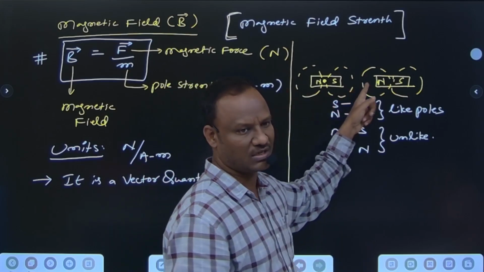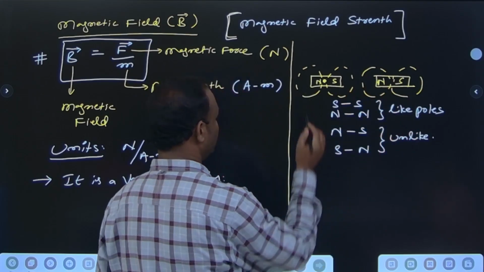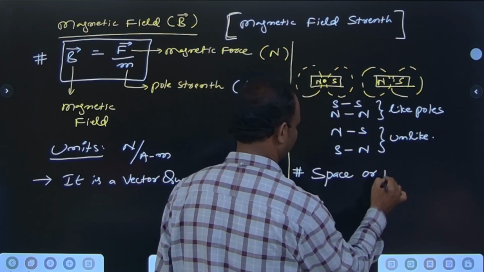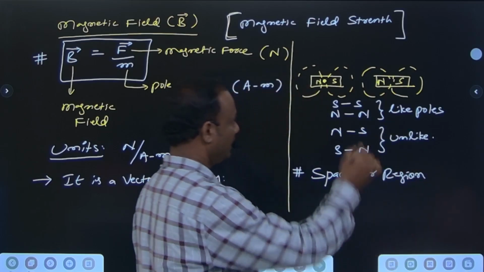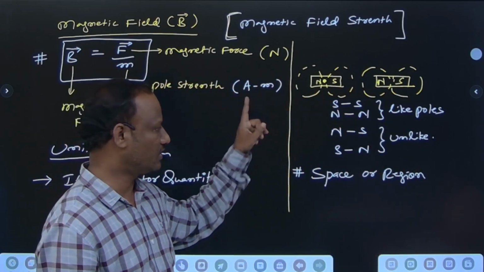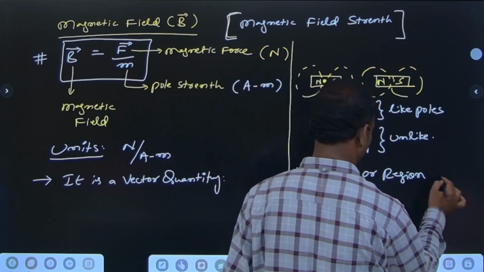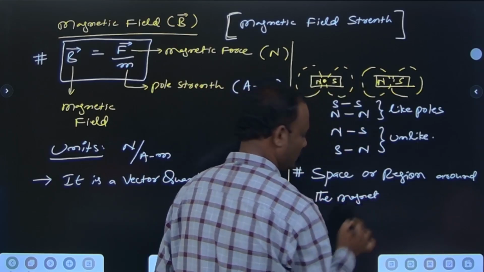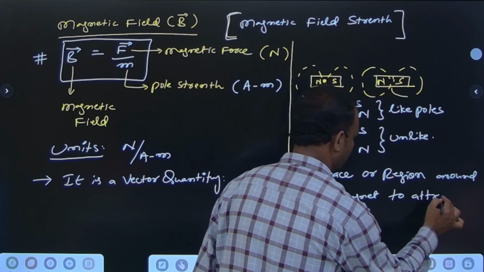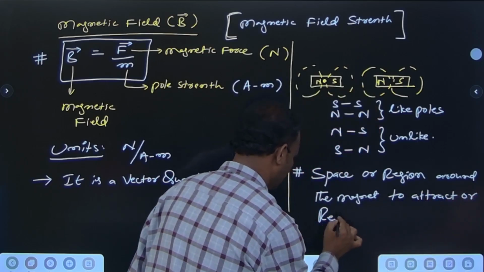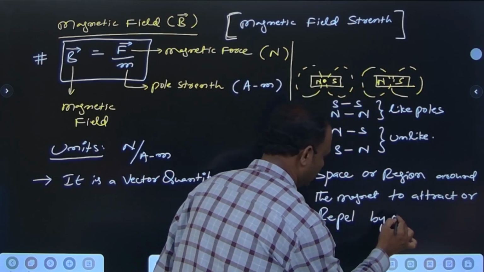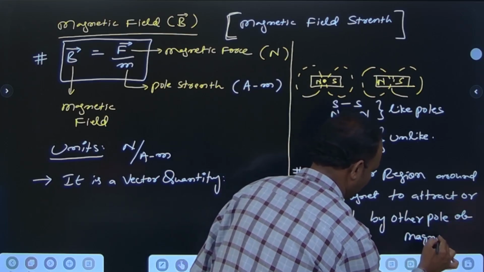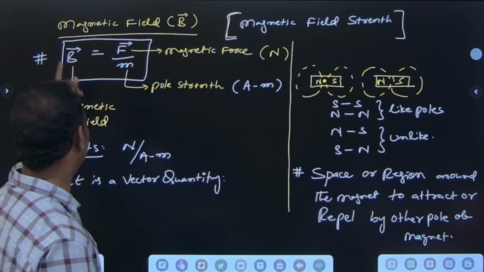Then either attraction or repulsion can take place. So how do you define this? It is the space or region around the magnet to attract or repel the other pole of a magnet. This we can say is a magnetic field.